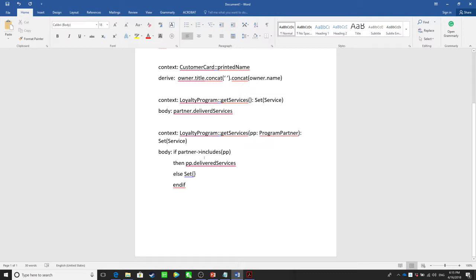So we specified it this way. If Delta is in this program, then we return the services by Delta. If it's not included, it's else, we return an empty set. So that's all it wants to specify.